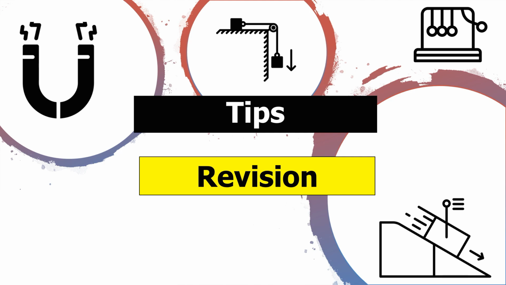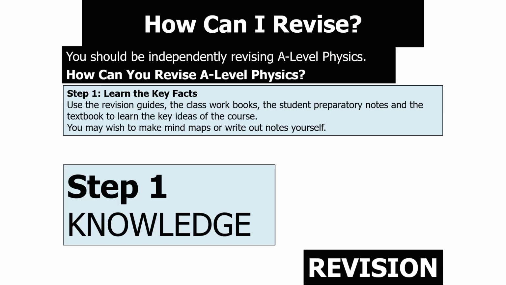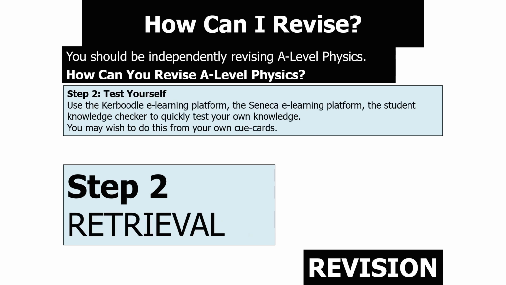So how should you be revising for A-Level Physics? The first thing to be doing when you're revising independently for A-Level Physics is learn the key facts. Use the revision guides, the class workbooks, the student prep notes, the textbook to learn the key ideas of the course. You might wish to make mind maps or to write out notes yourself. The second step is to test yourself. So use things like Caboodle, Seneca, knowledge checkers to quickly test your own knowledge, and you might wish to do this from your own cue cards.